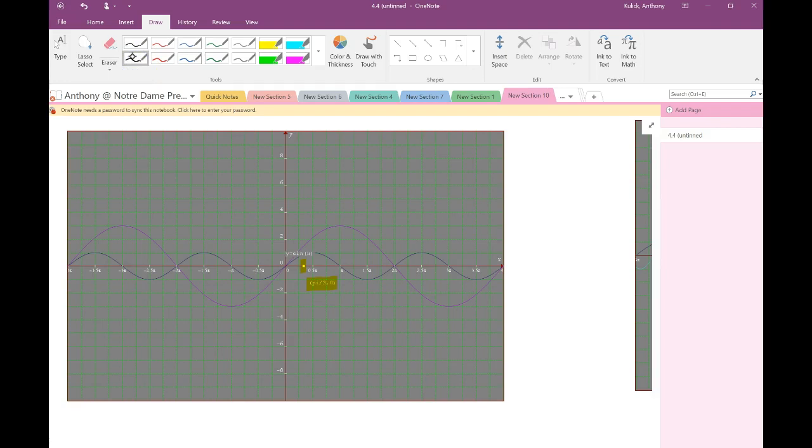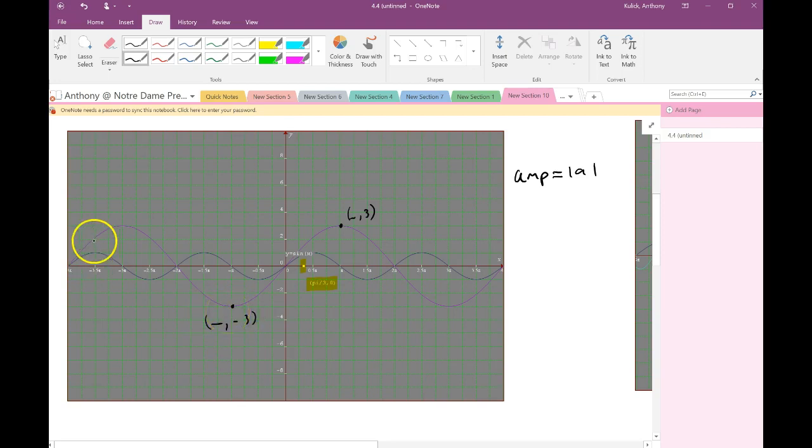So the idea, if you remember, if I look at the amplitude, that is going to give us the magnitude of that A coefficient. So this is the point something, comma 3, and down here is the point something, comma, negative 3.